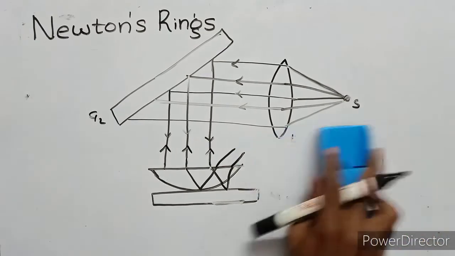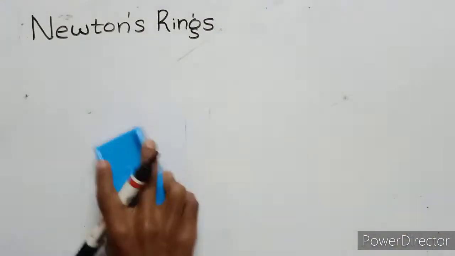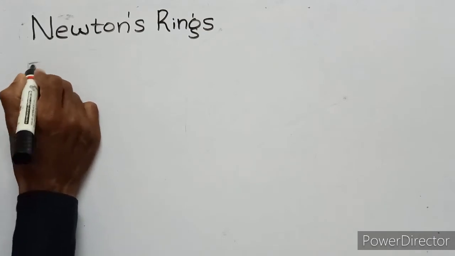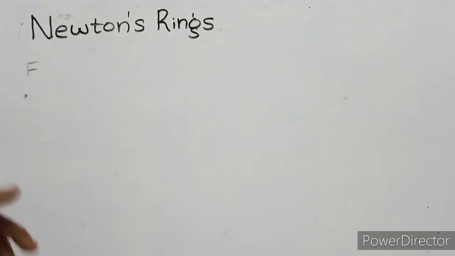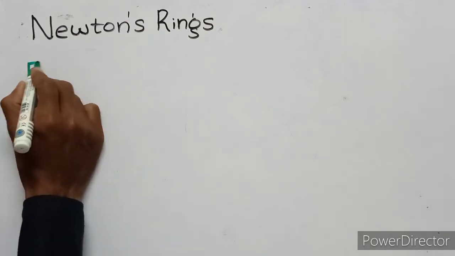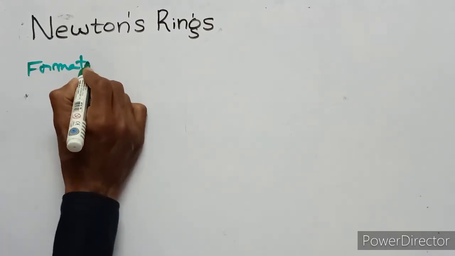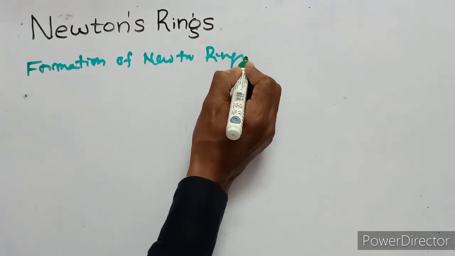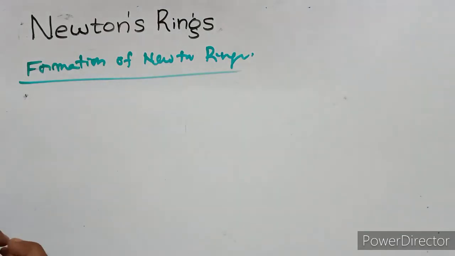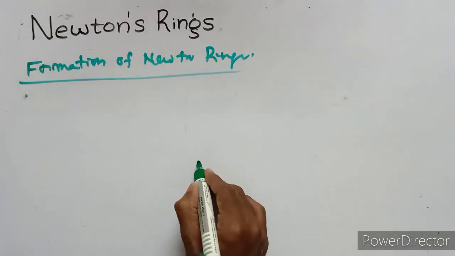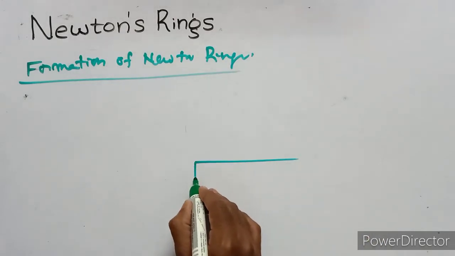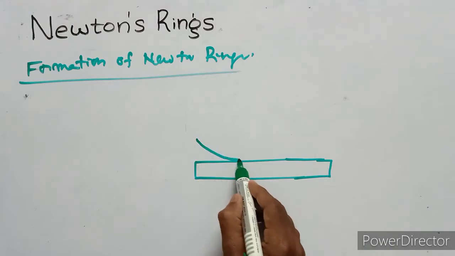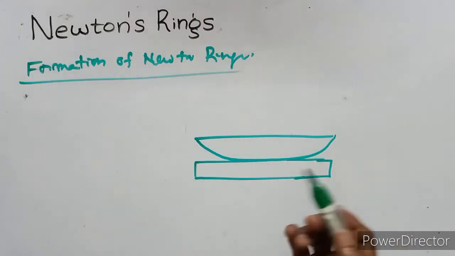How are Newton's rings formed? Observe clearly the formation of Newton's rings. This is the glass plate and this is the plano convex lens.